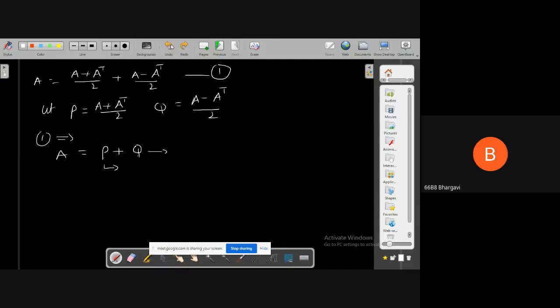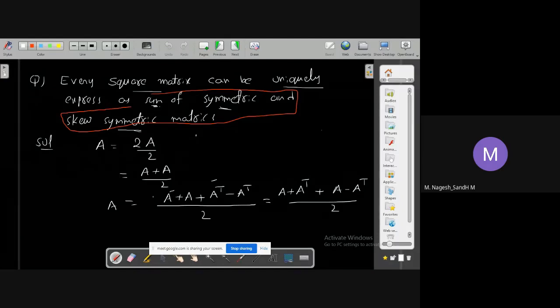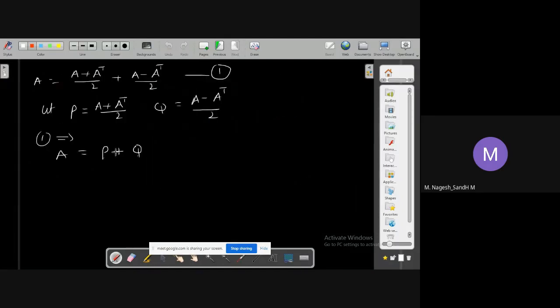First, what I did was express A as two matrices. In the question, we have to express it as a sum of symmetric and skew symmetric matrices. Sum means addition. So here we got the addition of two matrices.